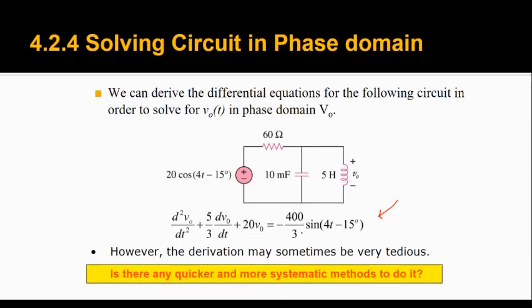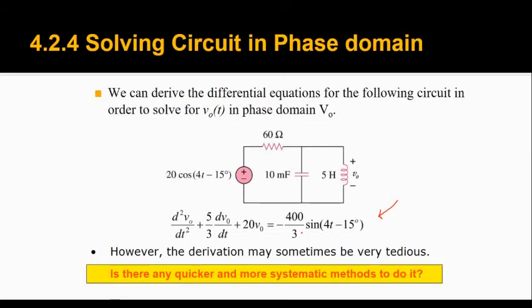You need to predict or give a solution in the form of exponent j omega t, right? And then you need to find the constant values A1, A2. So we don't want to work with that kind of solution anymore.